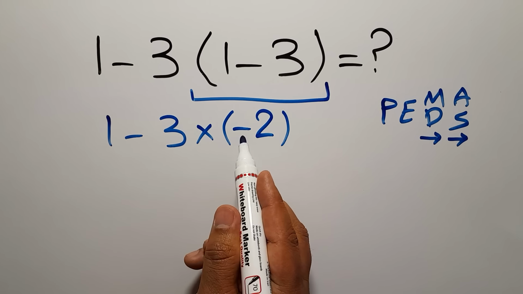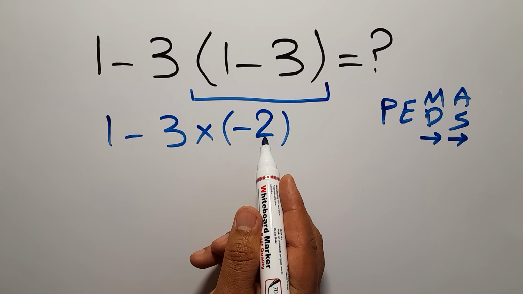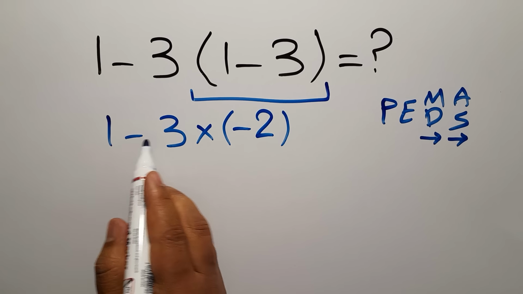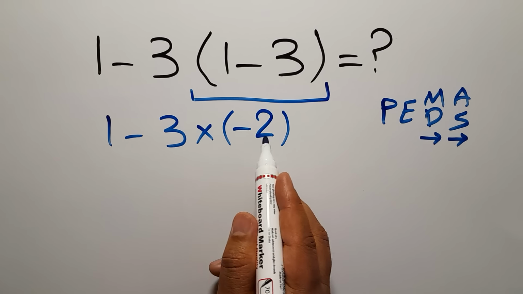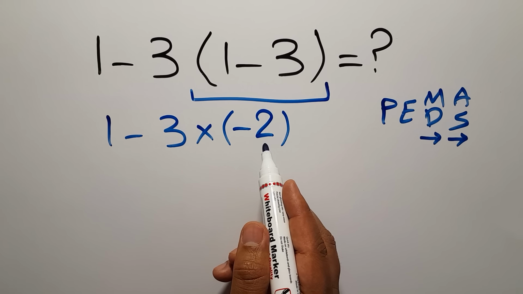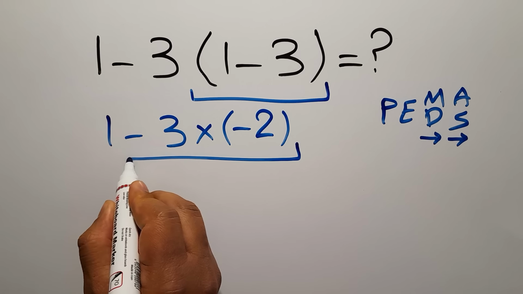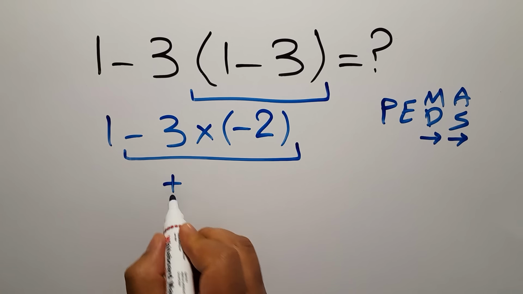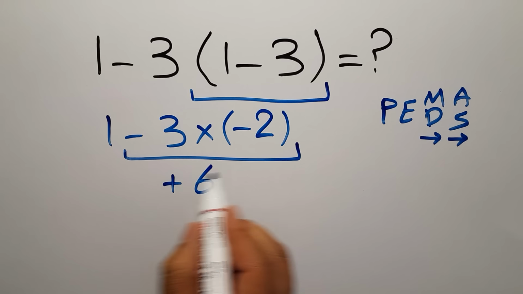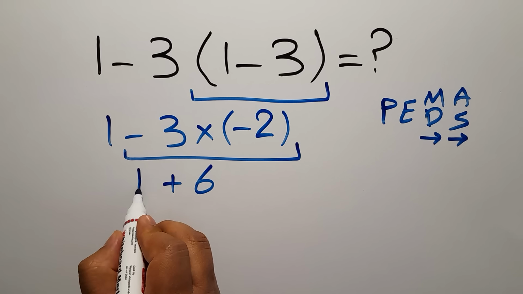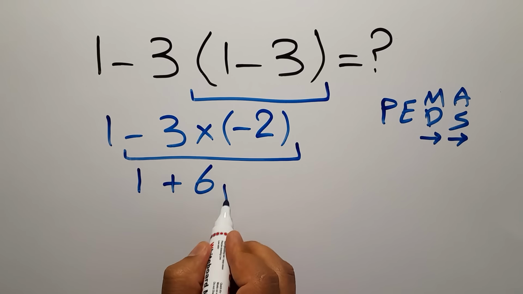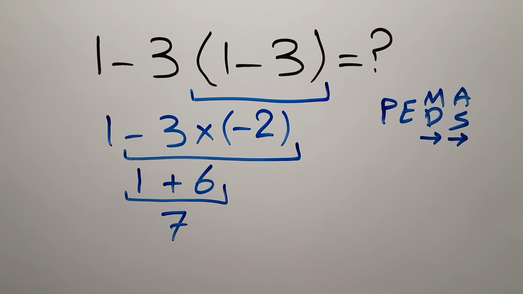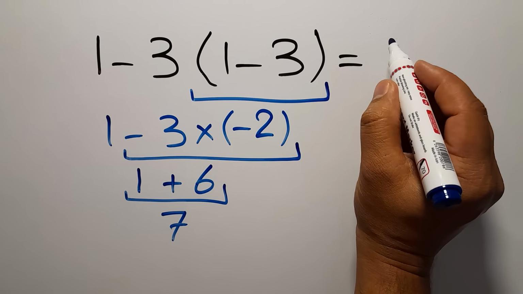Minus 3 times negative 2 gives us plus 6. So we have here plus 6 and 1 plus 6, which equals 7. So our final answer to this problem is just 7. The correct answer is 7.